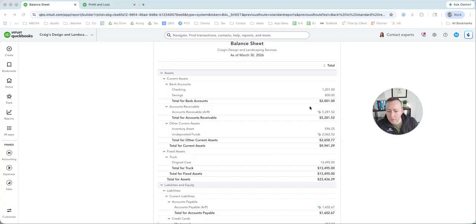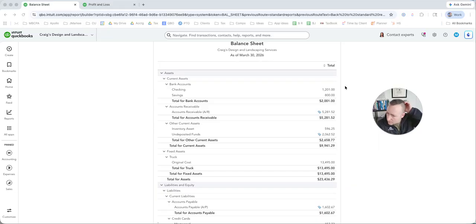Before we get into liabilities, I do want to point out that there can be some types of assets that are not good. So for example, if you've done work for a homeowner and they haven't paid you and maybe they never will, having accounts receivable is not as good as having money in the bank.